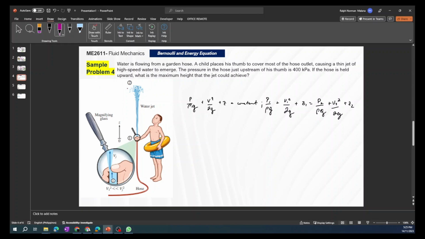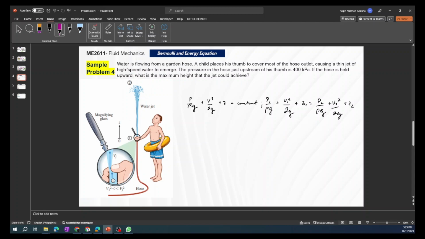So here we have sample problem 4. We have a figure drawn here of something that you've done as a child, where you pinch the hose outlet with your thumb, making a thin jet of high-speed water emerge.